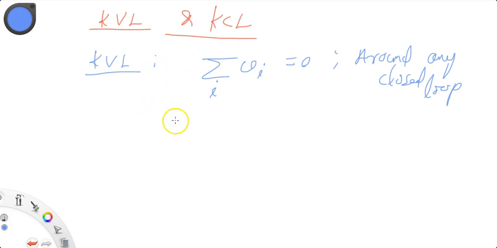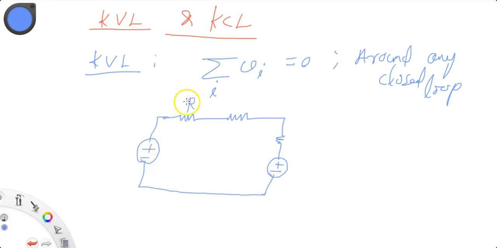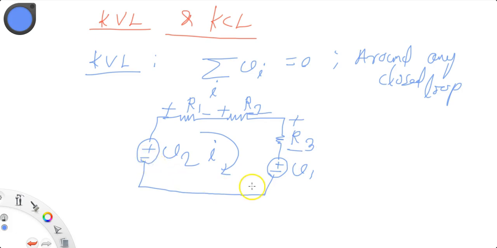Here with an example. I'll assume a direction of the current. Let's say this is the direction of current. We know that when the current enters a terminal, it becomes positive, and the other becomes negative, and you already have the terminals marked for the sources.